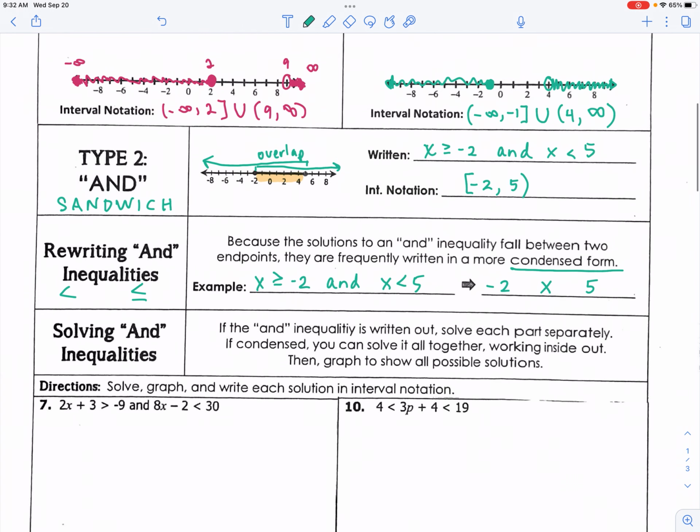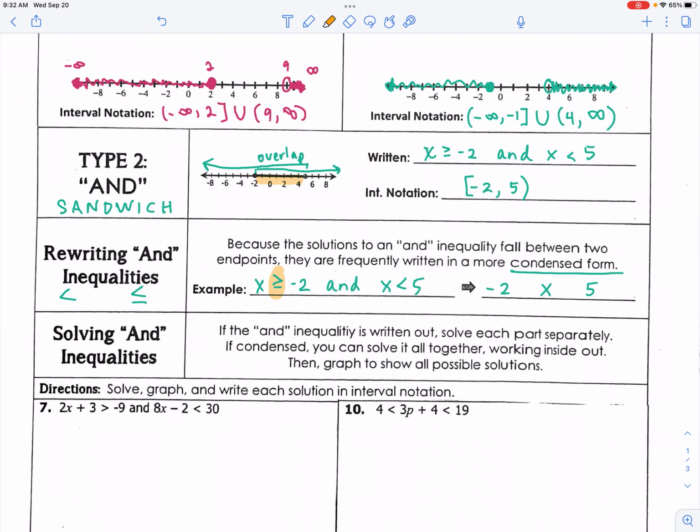The symbol is opening towards the x, and it's pointing to the -2. So when I'm rewriting this, I want it to point to the -2. Notice how it's now a less than. And then my x also needs to be less than 5. So now we have a sandwiched, condensed form of our and inequality.